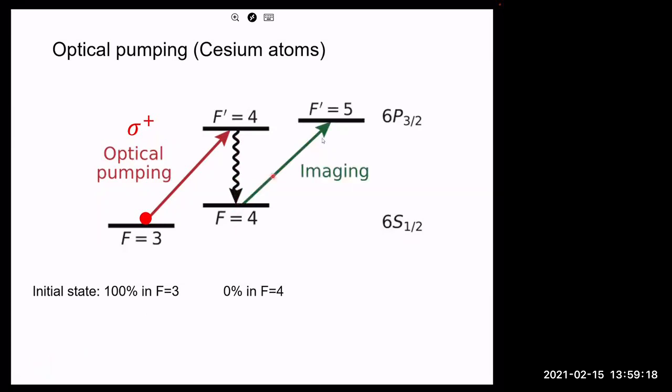Then we can perform imaging to see what population we have in that state. Actually, you don't even need to worry about the imaging process, so I'm going to hide it. Just remember we can measure the population in F equal to 4.